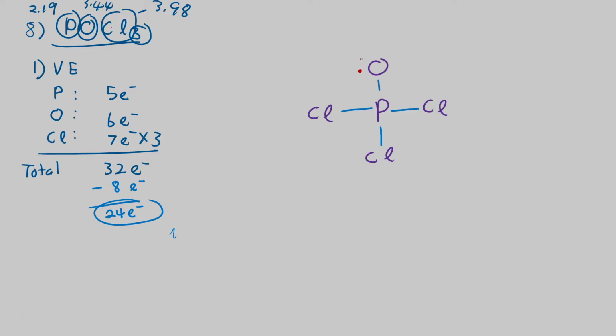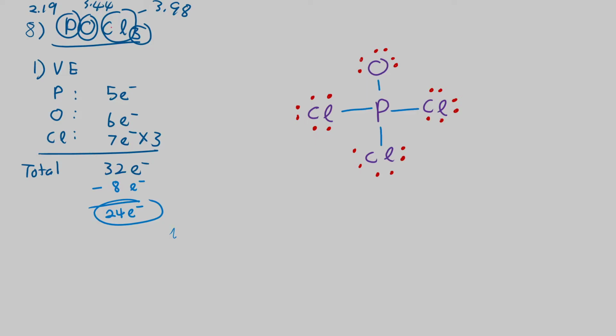So 1, 2, 3, 4, 5, 6, 7, 8, 9, 10, 11, 12, 13, 14, 15, 16, 17, 18, 19, 20, 21, 22, 23, 24. So okay, usually this would be the Lewis structure, right?